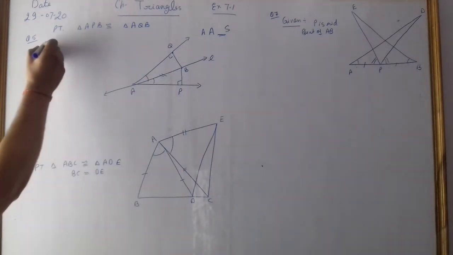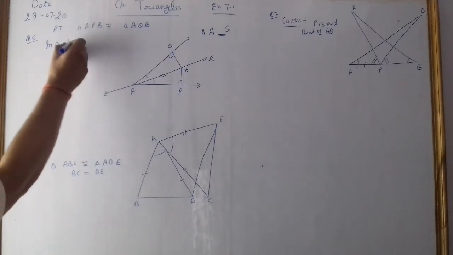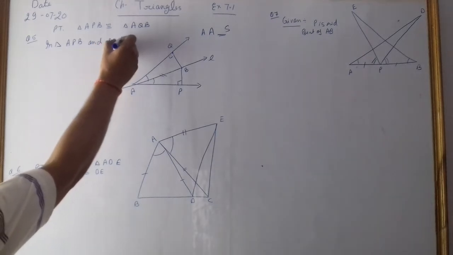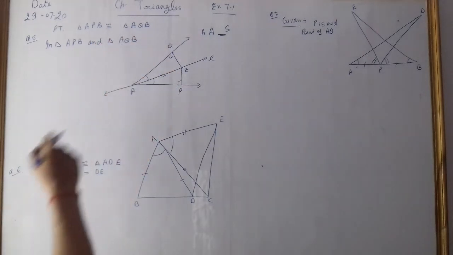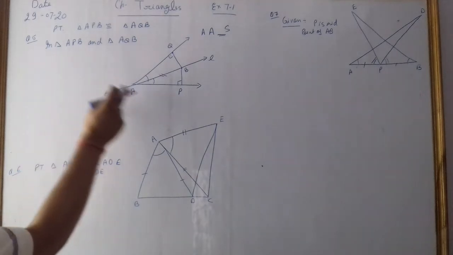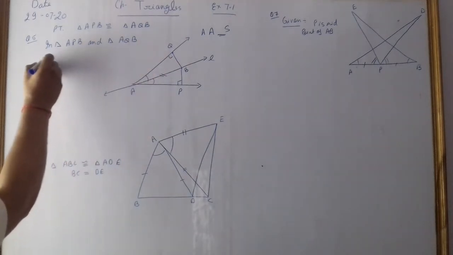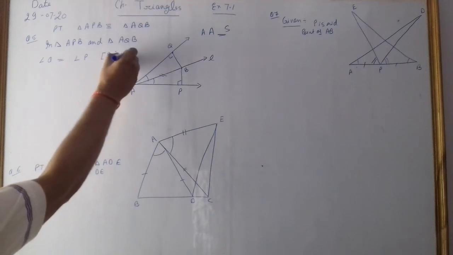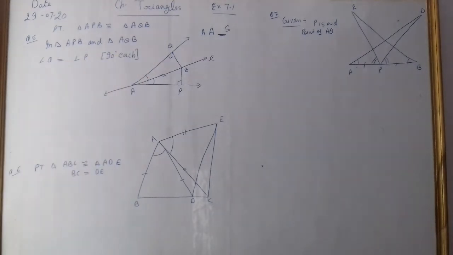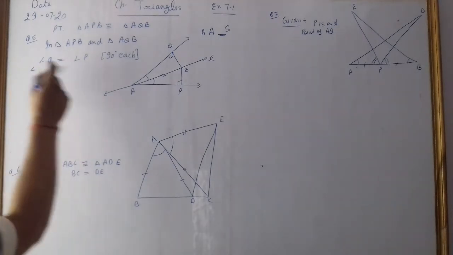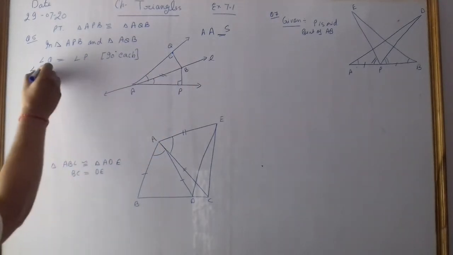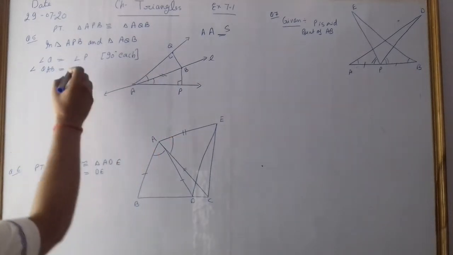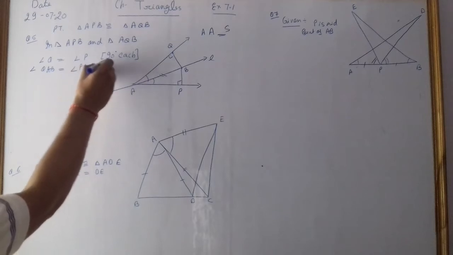So just see, in triangle APB and triangle AQB, we have angle Q is equal to angle P, 90 degrees each. And angle QAB is equal to angle PAB. Why?